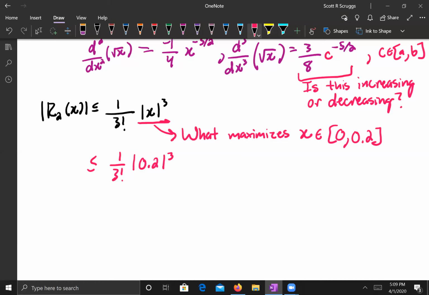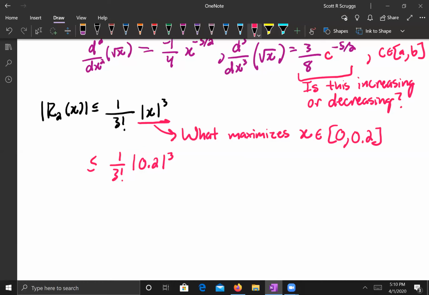From my end, I got scientific notation. So that would be 1.33 times 10 to the negative third.